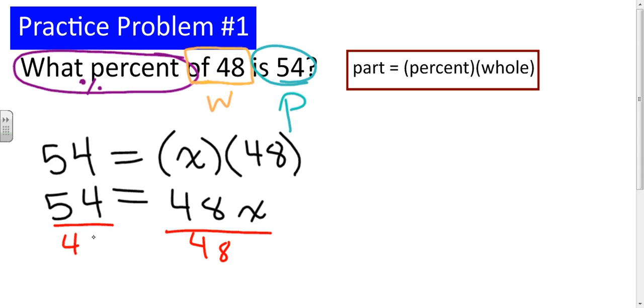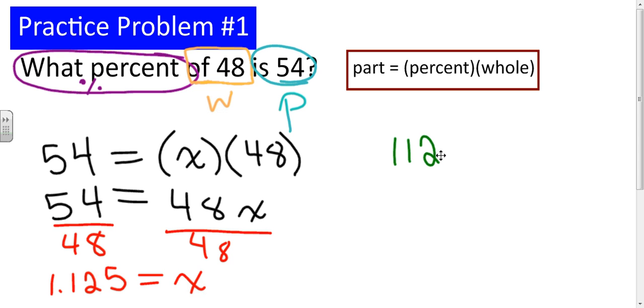So when I divide 54 divided by 48, I find that my percent x is equal to 1.125. But it does not mean that 1.125% of 48 is 54. That doesn't make sense because it's only a little more than 1%. What I have to do is change this decimal here to a percent by multiplying by 100. So my final answer is going to be 112.5%.